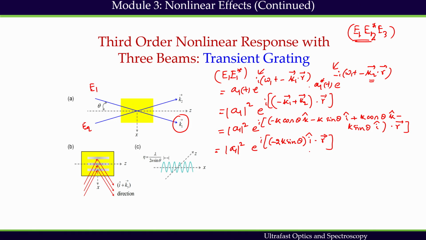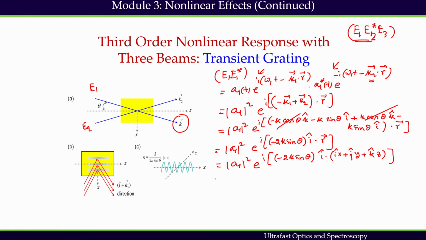This is what we get, because the cos theta cancels out, so I get only the sine theta term, and r can now be decomposed into its characteristic x, y, z directions. So I can write e to the power i, minus 2k sine theta, then i-hat dot r can be written as i x plus j y plus k z.